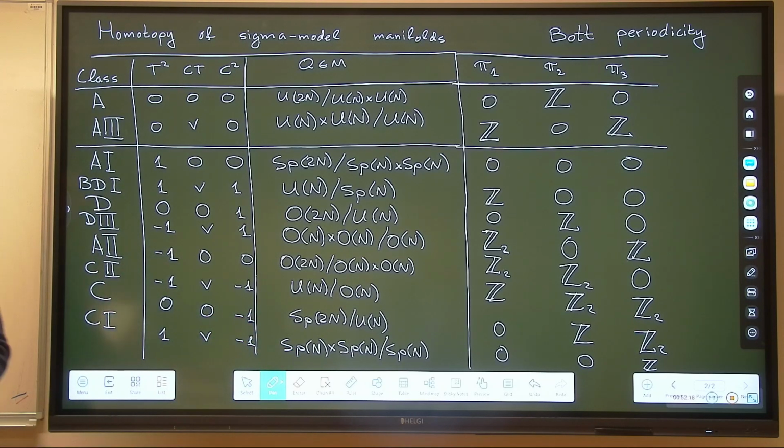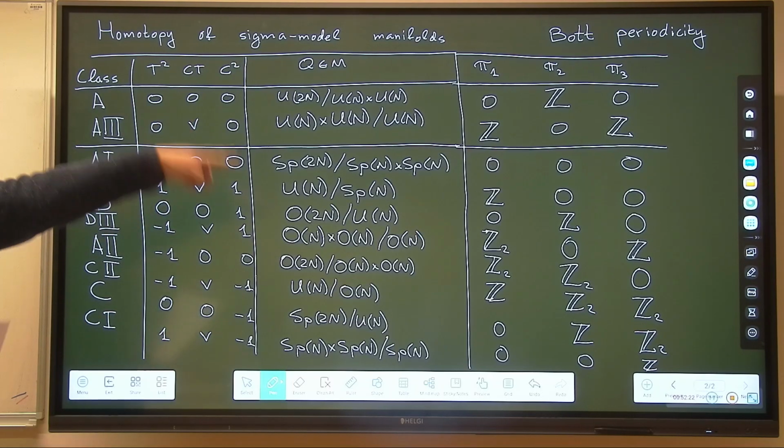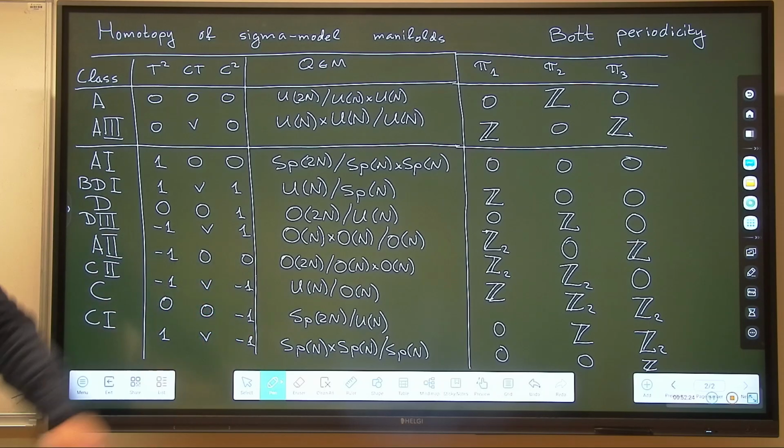For these classes, actually, pi 3 equals Z for all of them. And this is a known thing because these are the classes that allow us to write a Wess-Zumino term in 2 dimensions. These are the classes where Wess-Zumino was originally found.